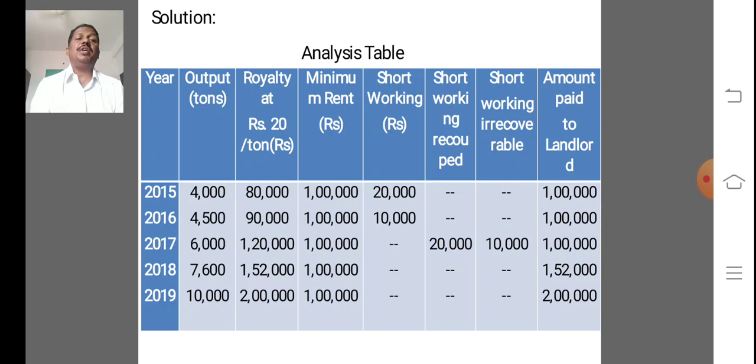But in the first year and second year, total short workings are 30,000, but we have surplus only 20,000.